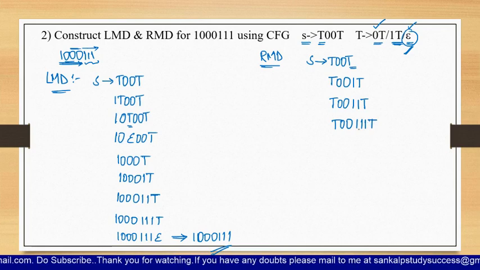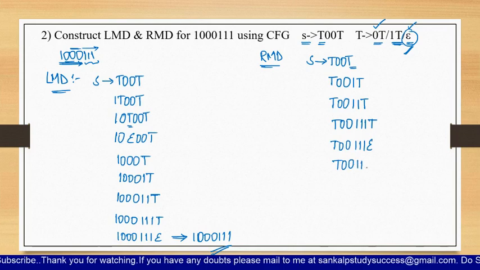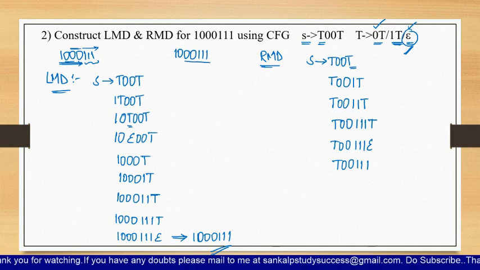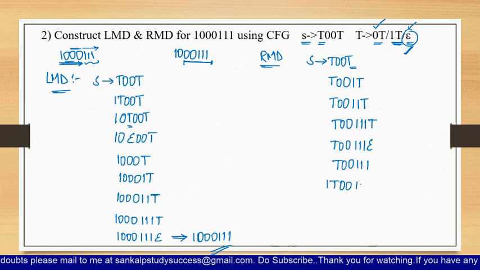So in the place of T you can substitute epsilon in order to end it here, which is nothing but T000111. So here if you observe, for 1000111, 000111 is already done, correct? Before this we have 0 and also 1. So if you substitute 1T in place of T, here 1T000111.